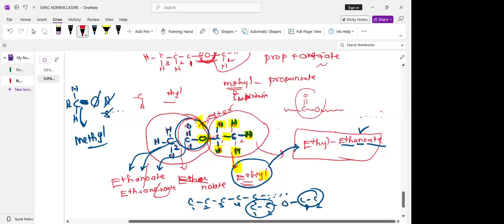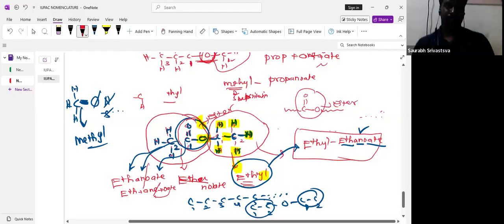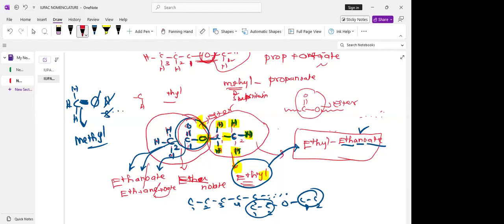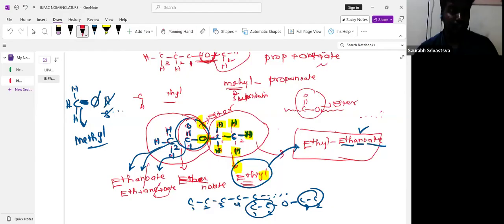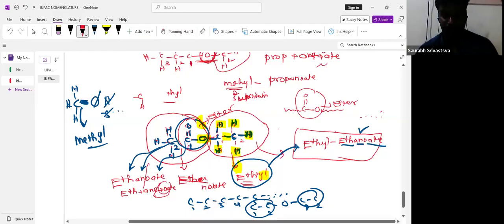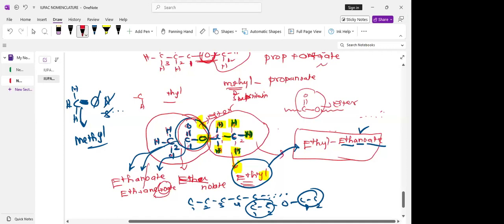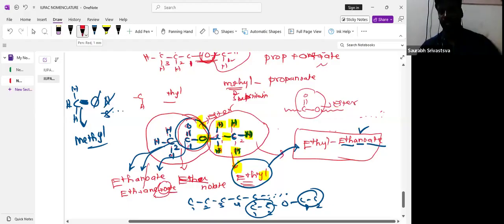In the nomenclature, sir, in the naming, ethyl ethanoate, no? OAT, yeah. Ethanol. From where O? Actually, here you should add OAT. Sometimes that is a suffix, sir.